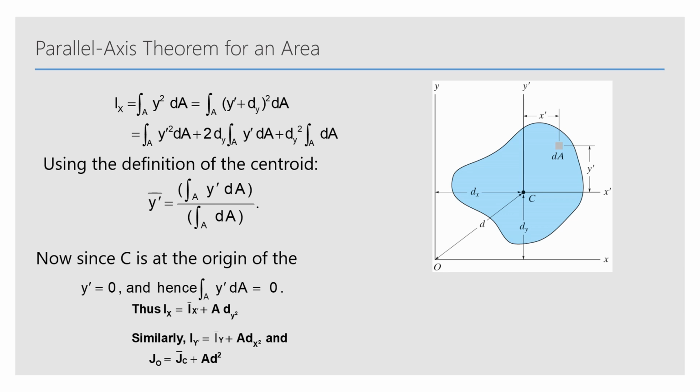Now since C is at the origin of y', the integral of y' dA equals 0, thus giving us the inertia of x equals the inertia of x' plus A dy squared. Now I understand that these formulas may seem confusing, but when we get to actual problems, it starts to become clear.